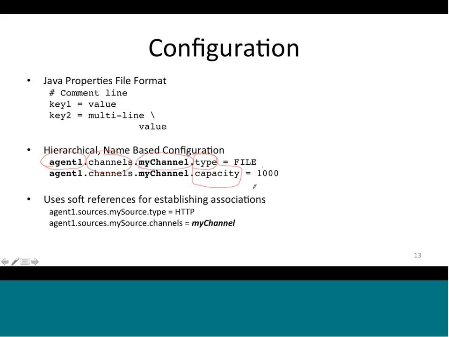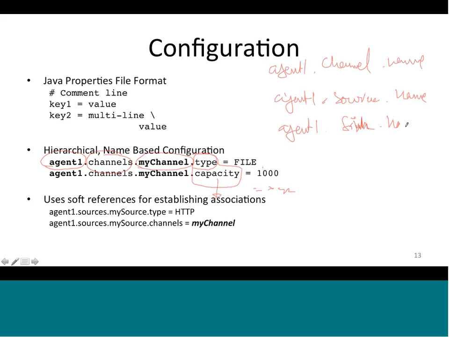So all of these things, they are hierarchical, meaning you have the agent.channel.name. Then you have agent.source.name. Then you have agent.sink.name, right?